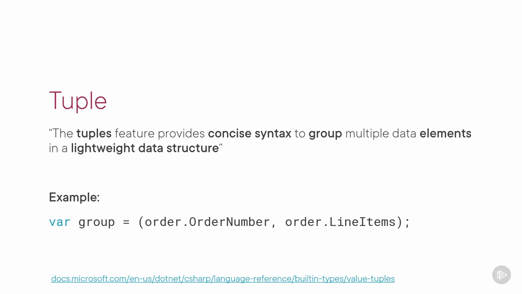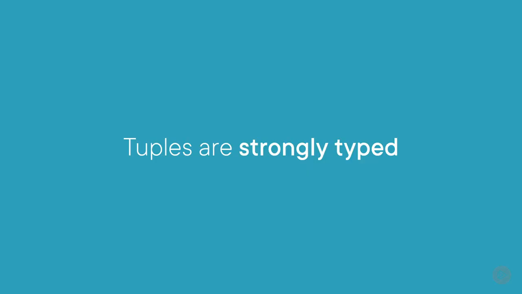The concept of a tuple has been around in .NET for a long time, but in C# 7, this became a first-class citizen. The definition of a tuple is that it's a sequence of elements. In C#, this will be a strongly typed sequence of elements. Creating a tuple is easy.